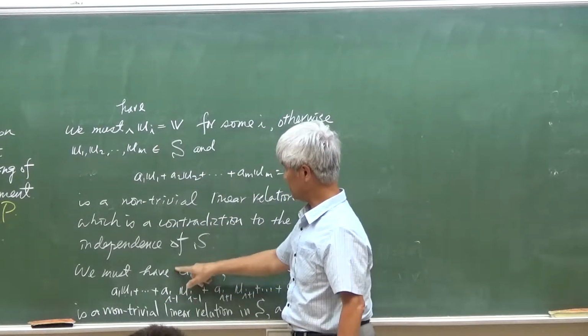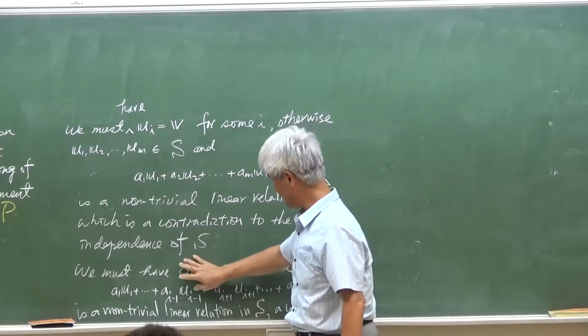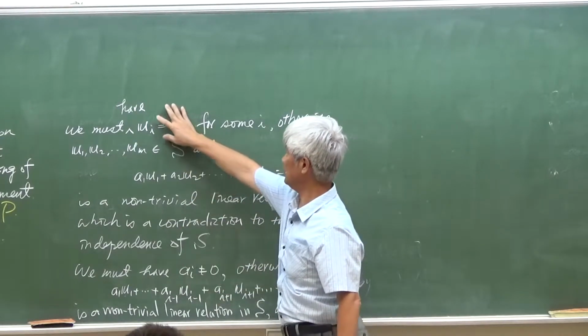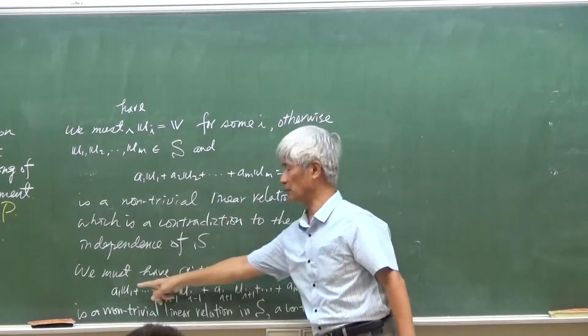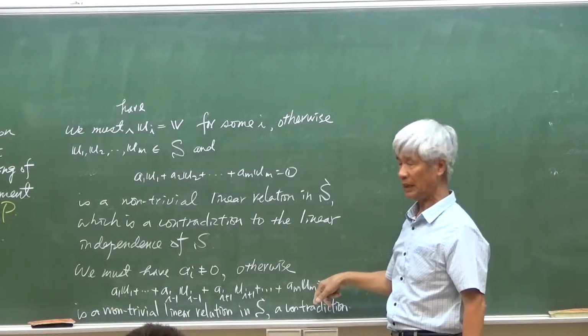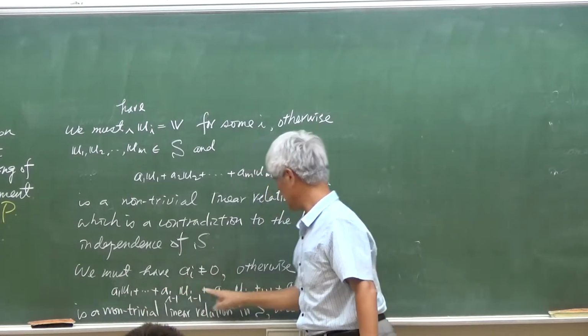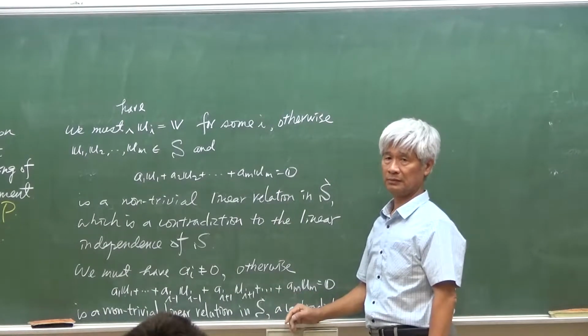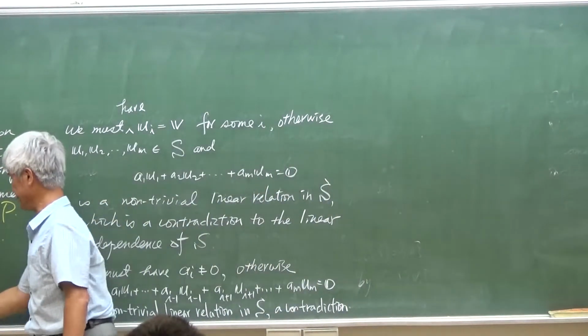Now the corresponding coefficient ai must be non-zero, because if ai is 0, then the relation becomes a non-trivial linear relation in S, because all the vectors are from S. So we have no way to go, right?